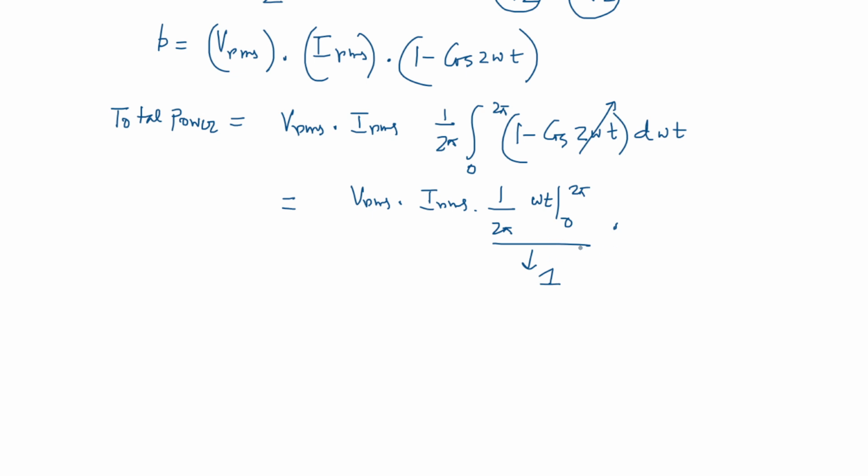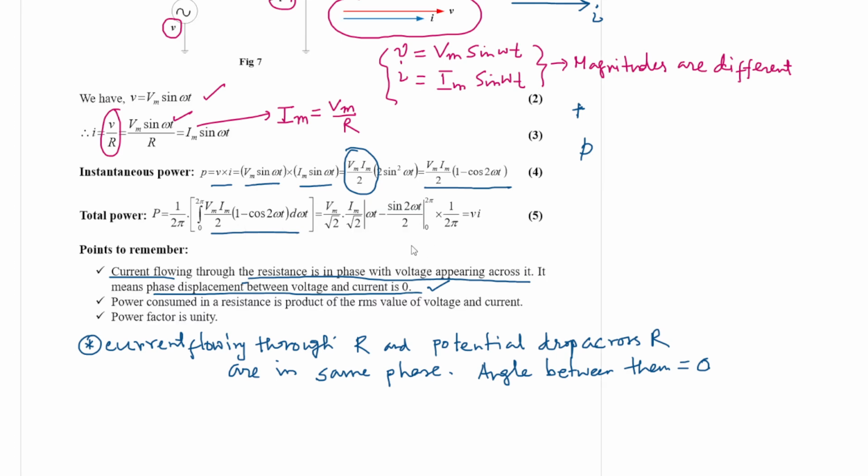So total power is nothing but Vrms into Irms. That is exactly the result.